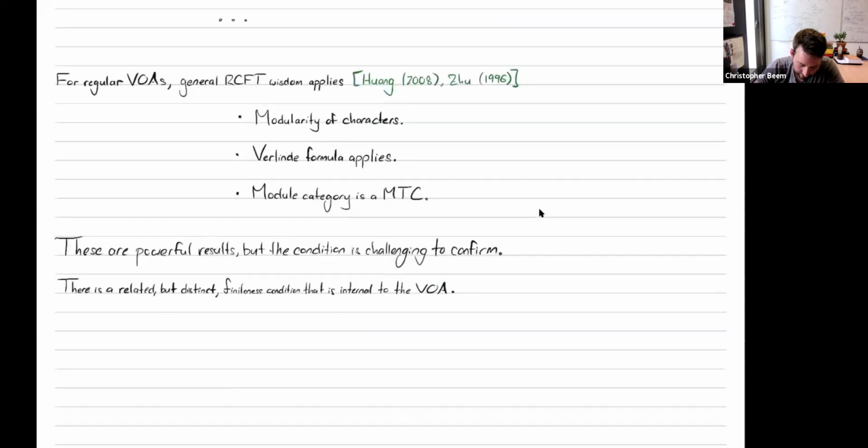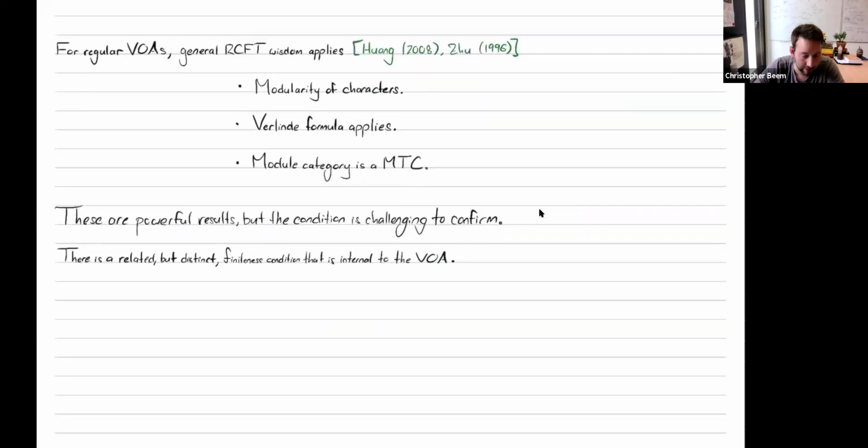And again, this is recent developments in mathematics, relatively recent. So going back to 2008. So if you have, sorry, I wrote regular here, this should be strongly rational.